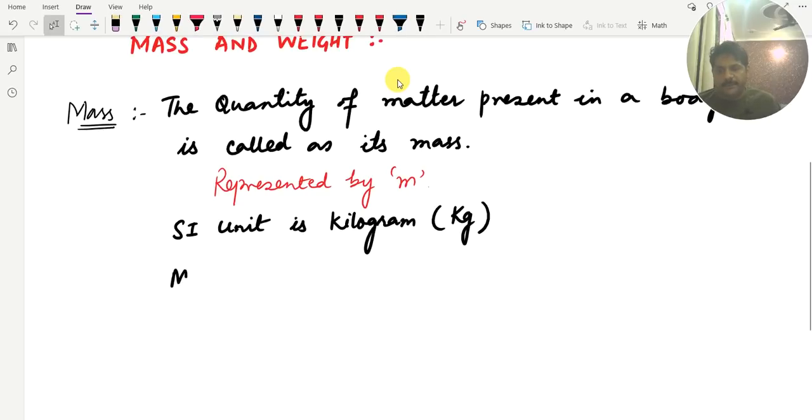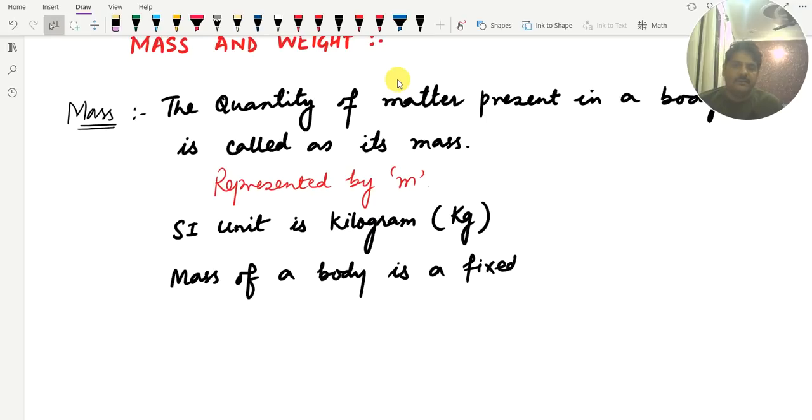Mass of a body is a fixed quantity. It never changes.